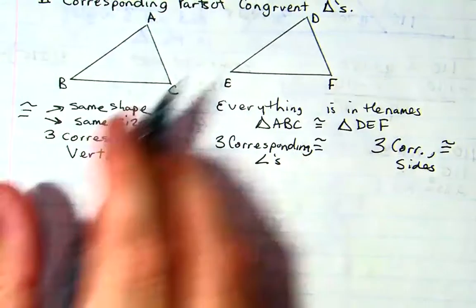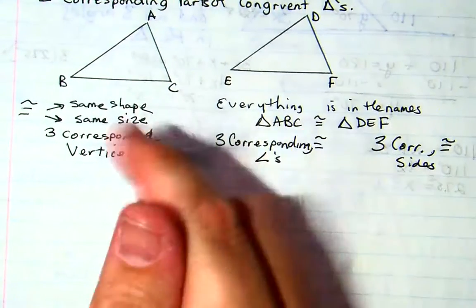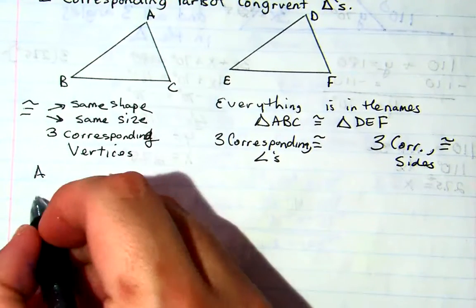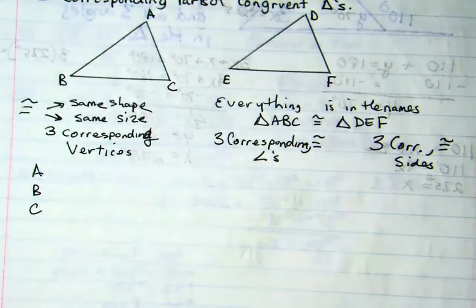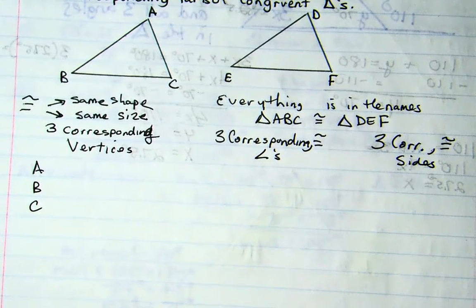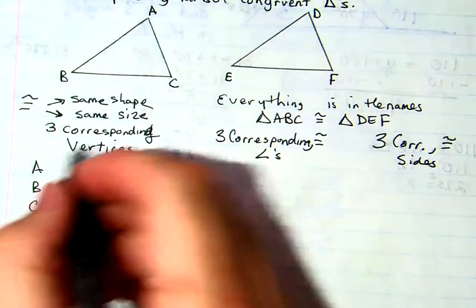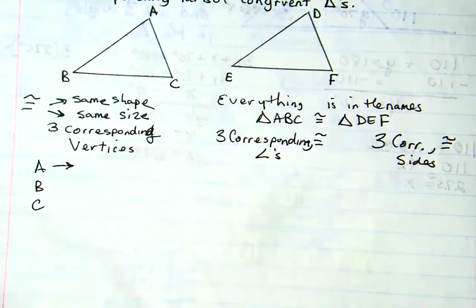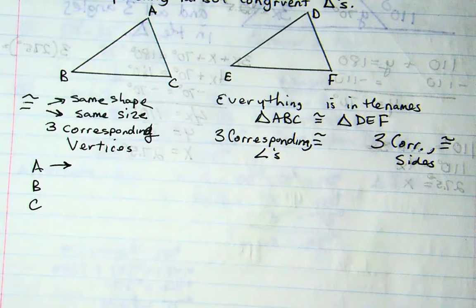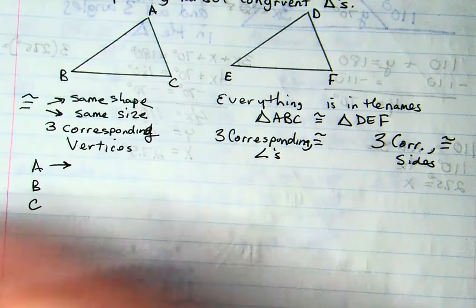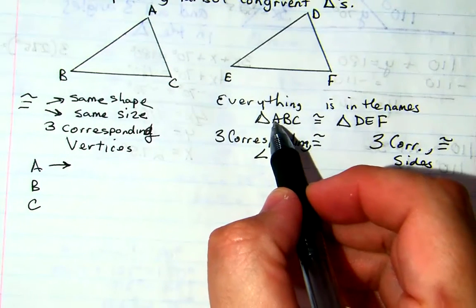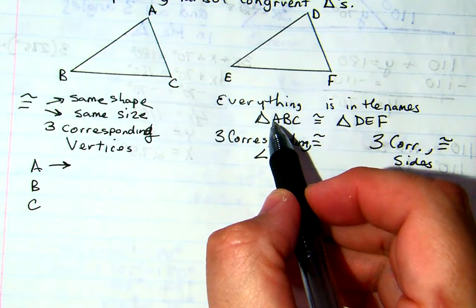Now, take the name, ABC. Line it up. A, B, C. How do you think we're going to line up the second triangle? If I say A is going to correspond to a point, what point do you think it's going to correspond to? What makes logical sense? If I start with A, which one, D, E, or F?